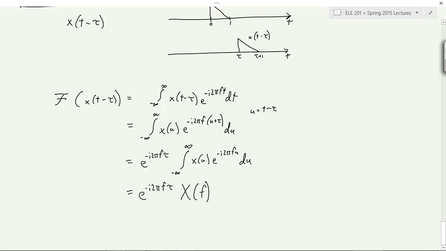So it did change. The frequency components got multiplied, but notice that the change only affects one part of X. This factor has magnitude 1 and phase, of course, negative 2 pi f tau. So it's a phase that depends on frequency.